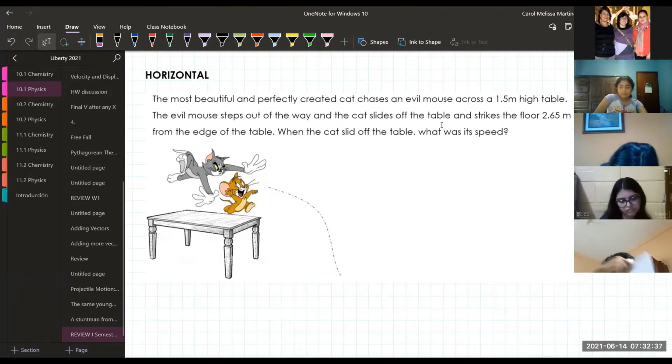I consider this topic to be the easiest of them, okay? Because, I don't know, I find it very, very easy. So what I have in this problem is that the table has a dimension in the vertical axis that is 1.5 meters high.